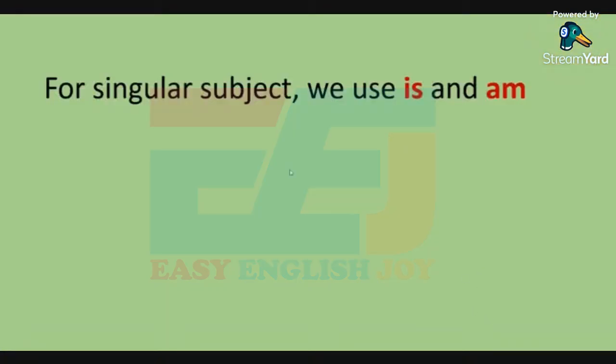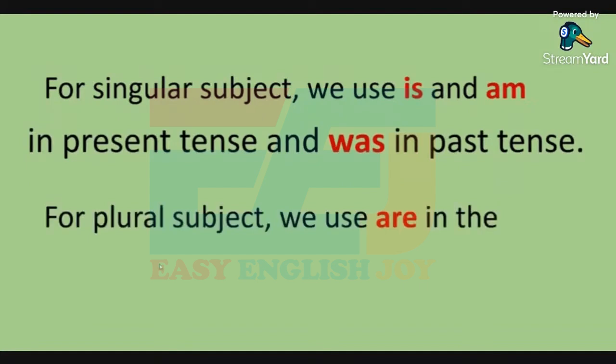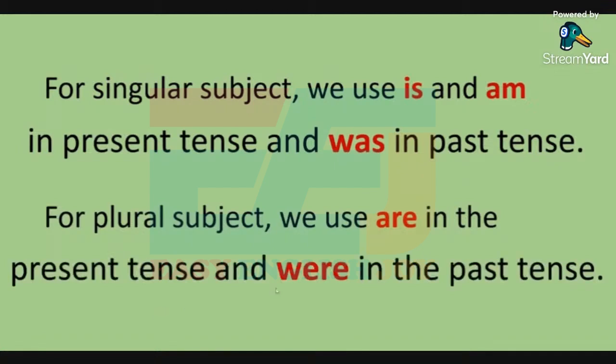For a singular subject, we use is and am in the present tense and was in the past tense. For a plural subject, we use are in the present tense and were in the past tense.